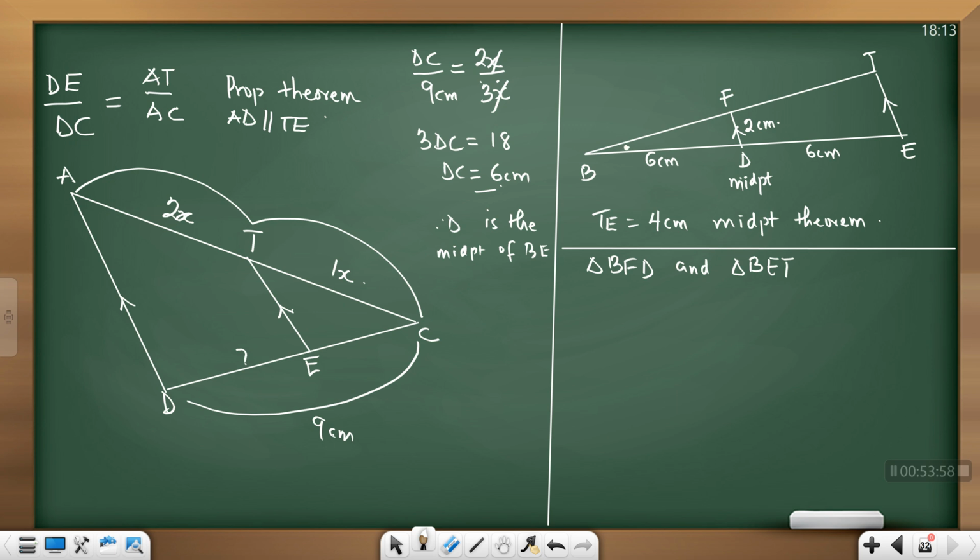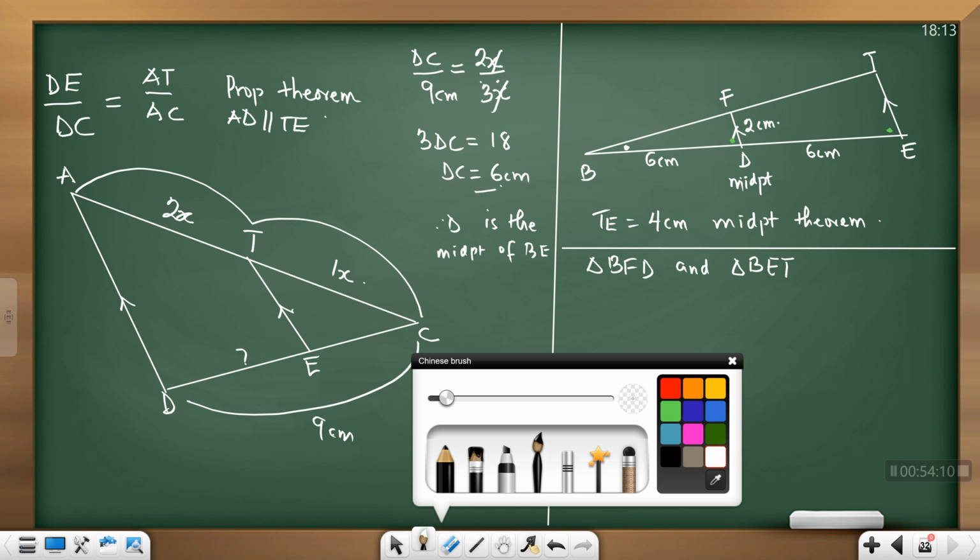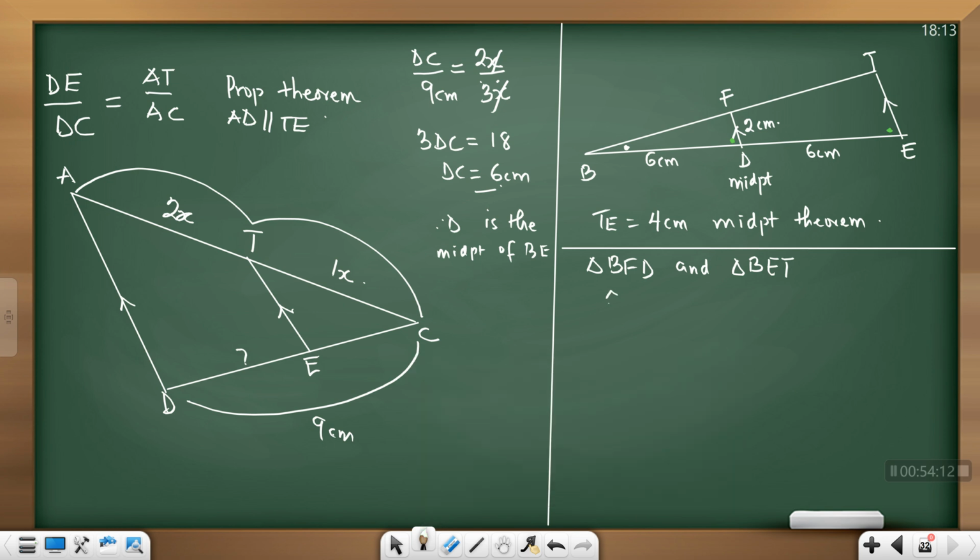Why? This angle is common to both of them, right? I'll use colors. Do you notice this angle would actually be equal to that angle? What's your reason? Corresponding angles. Okay. So if I want to do a full write-up, angle B is common.